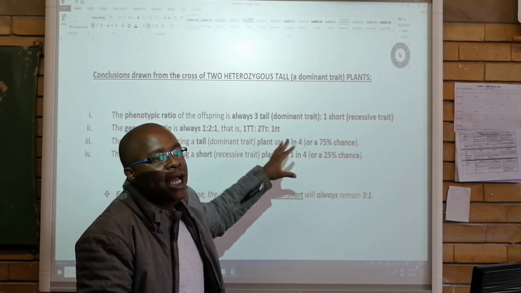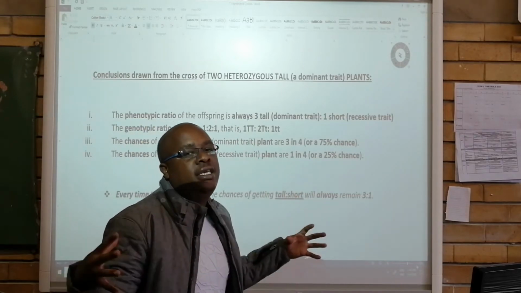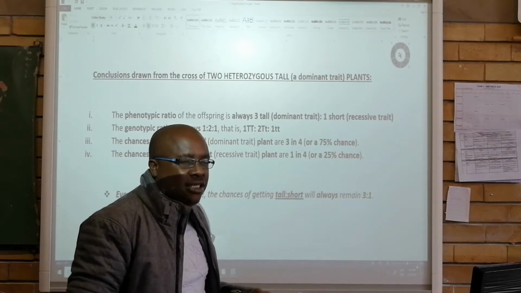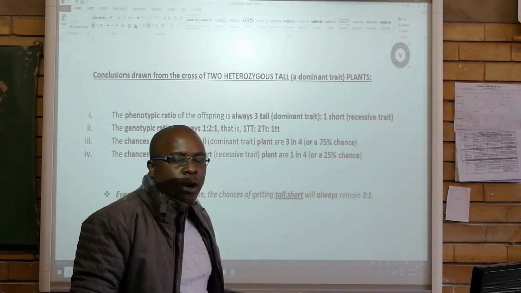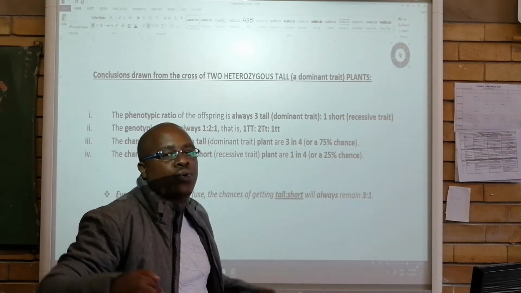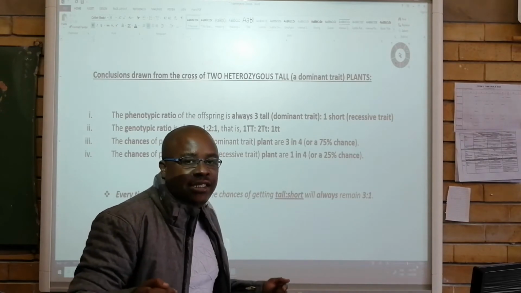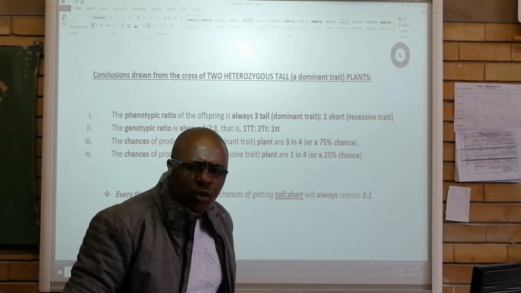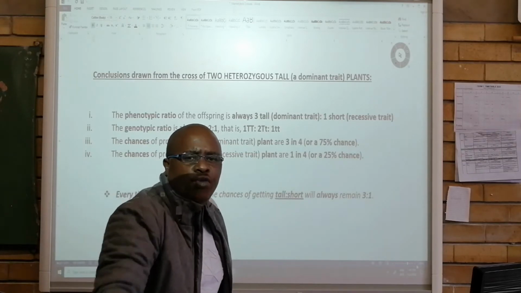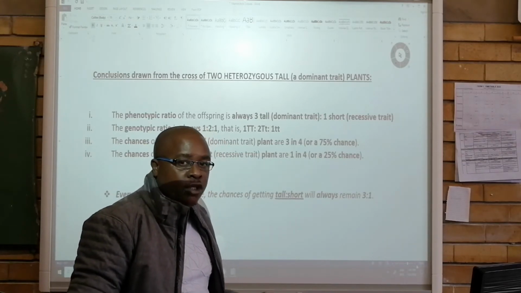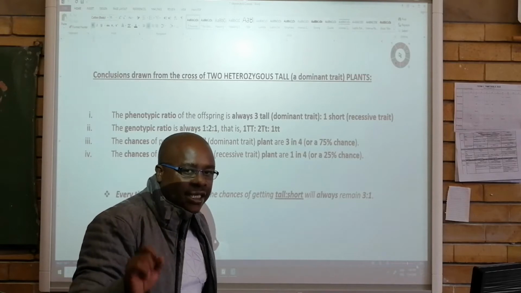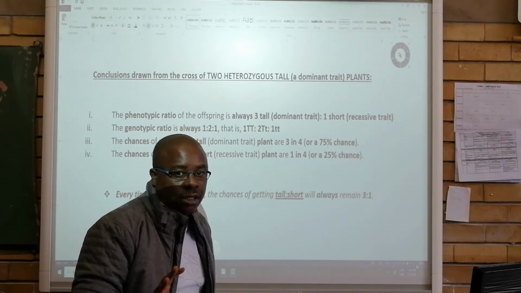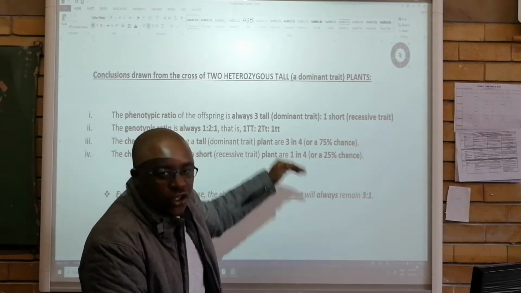This same applies for any characteristic that exhibits complete dominance, whereby the dominant allele will mask the recessive allele in the phenotype, and only the dominant trait will be exhibited in the phenotype. So for any characteristic that exhibits complete dominance, these ratios stand true.